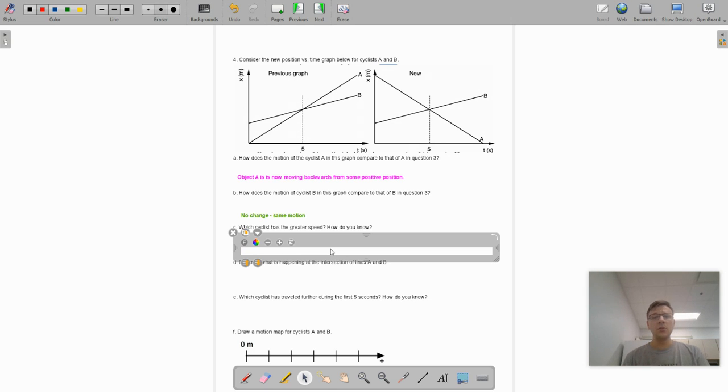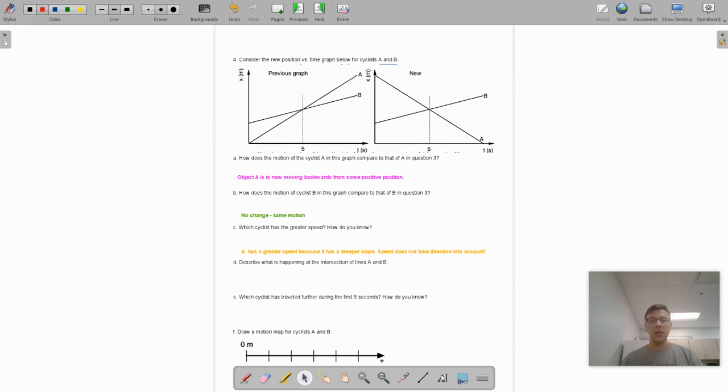So the point here is A has a greater speed because it has a steeper slope. Then I'm just going to put speed does not take direction into account.